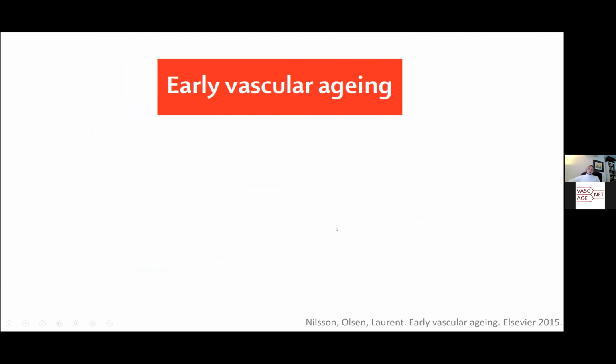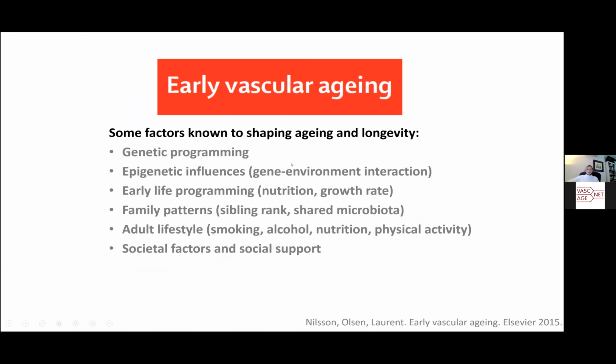So in terms of early vascular aging, as neatly highlighted by esteemed colleagues who I think may have all spoken at this webinar series, we need to take into account that there are some factors that really shape aging and longevity. Genetic programming, the influences of the environment and genes, early life programming, as I've just mentioned.